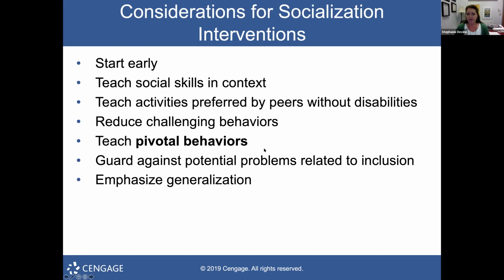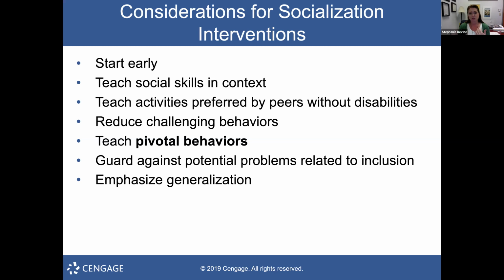Teach pivotal behaviors. What are pivotal behaviors? Those are those behaviors that are influential across many areas of functioning. So if you think about initiating social interaction, that's going to be a pivotal skill in a variety of environments. Communication is a pivotal behavior.